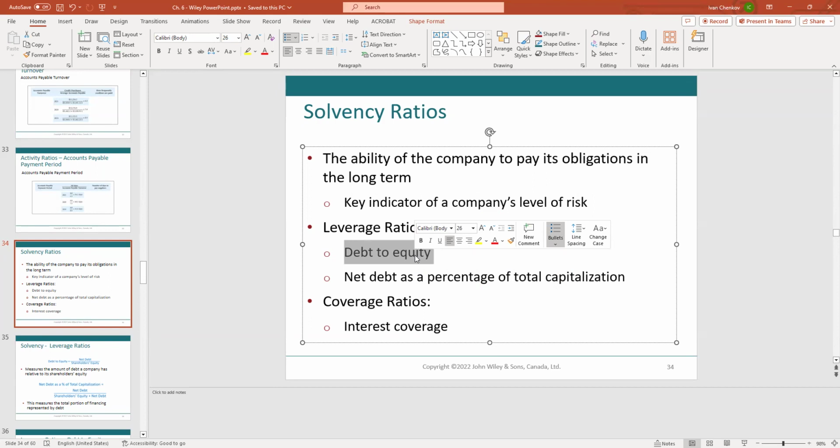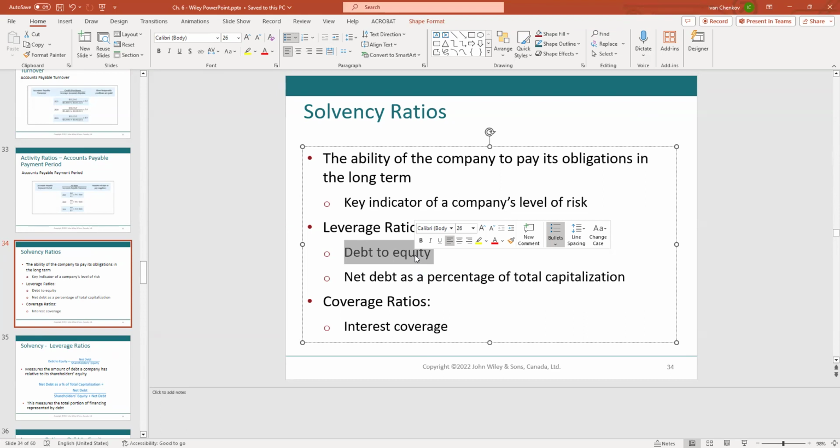Debt plus equity always have to be equal to the assets. So what that means is the assets are 100% or 1. Debt plus equity altogether should be equal to 100%, right?